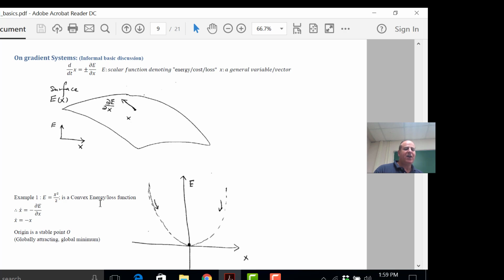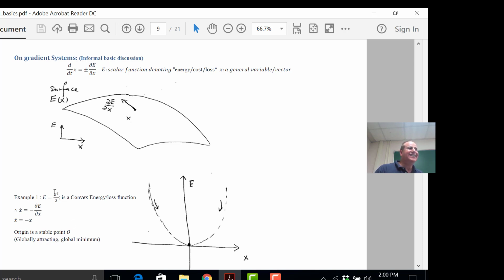This is going to be a convex loss function, because when I plot x squared over 2, it's going to be something like this. This is E with respect to x. It is convex, meaning that you start anywhere, you're going to go to this global minimum. That's not the problem we have, but this is an example of gradient descent. It guarantees that you're going to move to that global minimum.